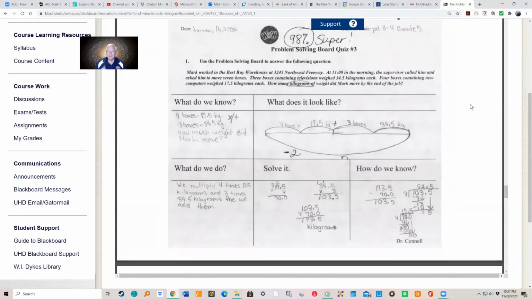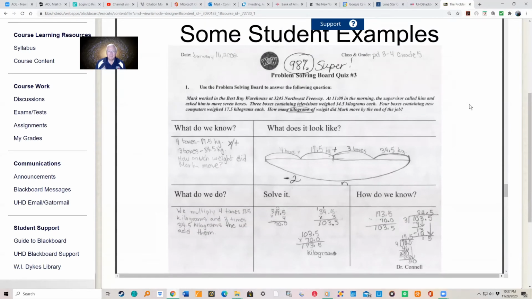Here is another student example that's kind of interesting. You can almost see how old this is, can't you? We're talking about televisions weighing 34.5 kilograms. TVs now don't weigh that much. Computers weighing 17.5 kilograms, kind of showing our age a little bit here, but you'll see what's happening.